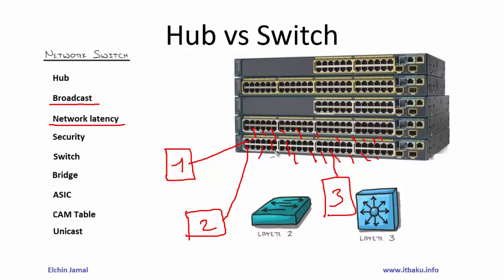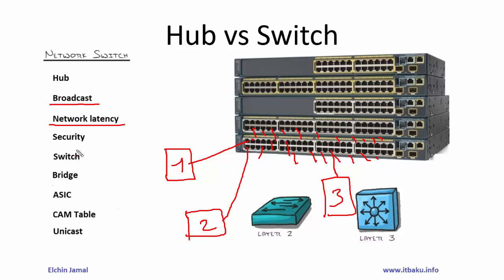It sends a broadcast signal to all its ports. In this case, the hub is always overloaded, and the network is always overloaded, and we have a lot of problems with functionality. We have delays in the network, delays everywhere. So it's not good.